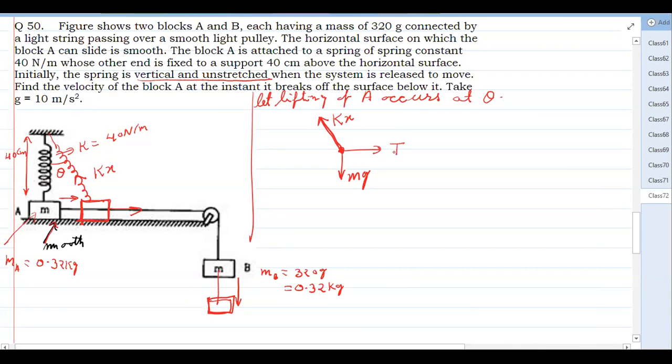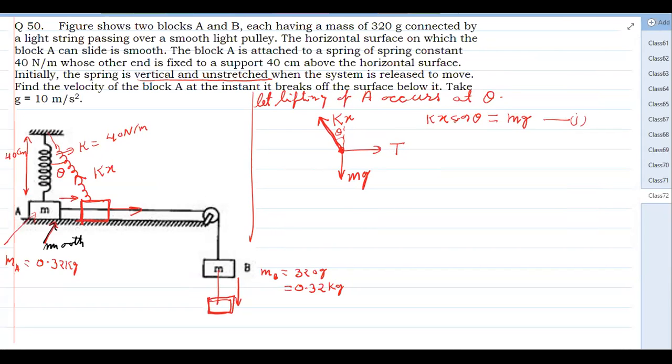No normal here at this position. So kx cos theta must be greater than mg. For solving purposes, we can write it equal: kx cos theta must be at least equal to mg. For lifting, this is the criterion.